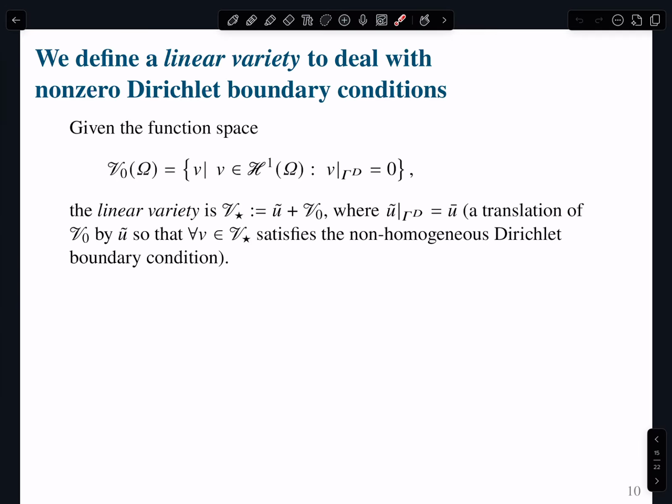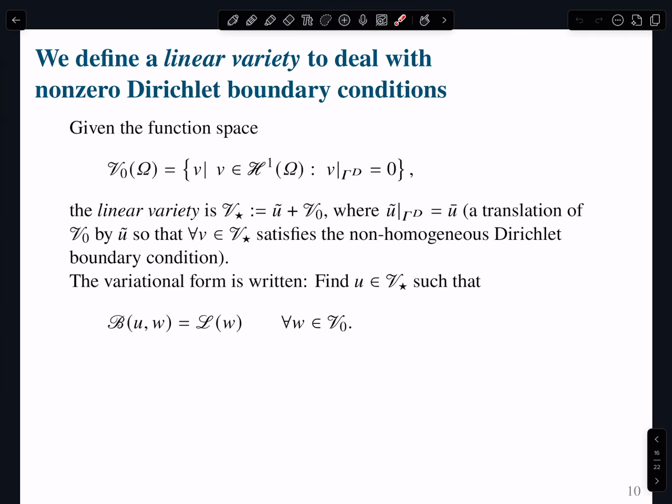Well, now that we have that, all we have to do is find a solution. So we change the statement of equilibrium, and we say the variational form is: find u in that linear variety, so that b(u, w) is equal to l(w), so the bilinear form equals the linear form, for all functions w in V naught.